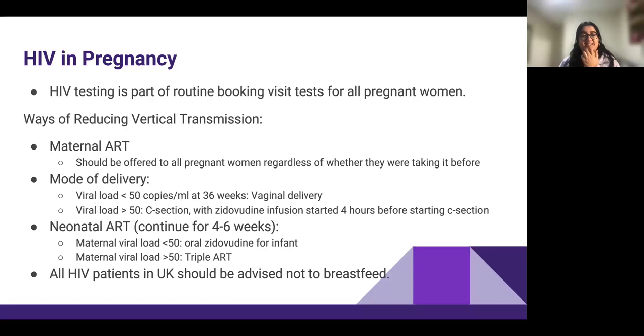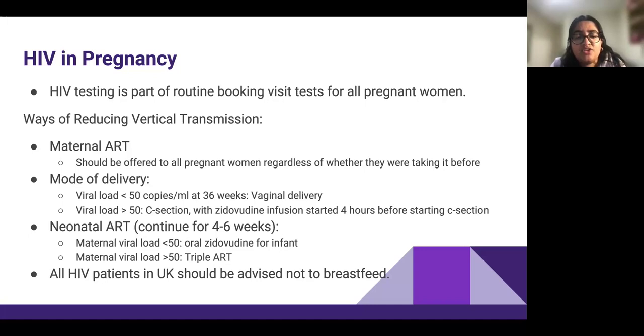And then HIV in pregnancy, this was one of the OSCE stations last year for us. HIV testing is a routine part of booking tests for all pregnant women, and you want to reduce vertical transmission from mother to child. You can do that by the mother receiving antiretroviral therapy, which usually can be carried on during the pregnancy as well.